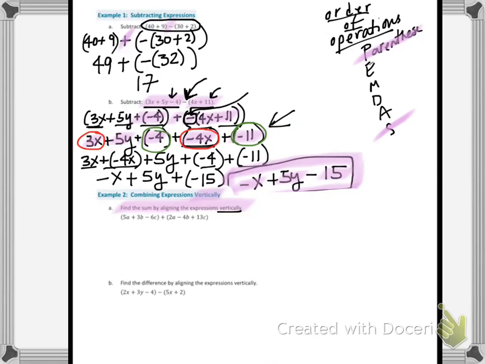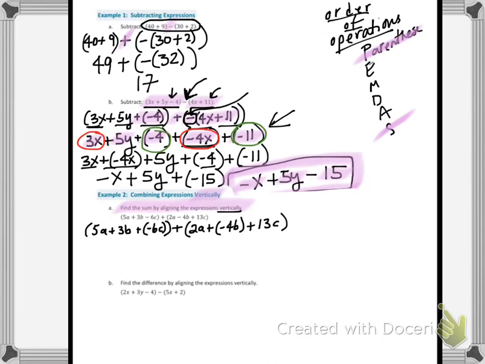So we have 5a plus 3b plus negative 6c. Okay, so you see what I've done there. Just made that minus 6c. I've turned it into a plus negative 6c. Continuing plus, and then we have 2a plus negative 4b plus 13c. Okay?